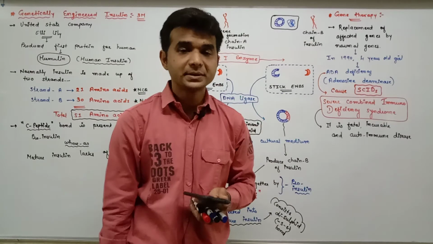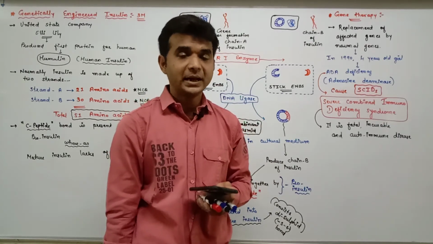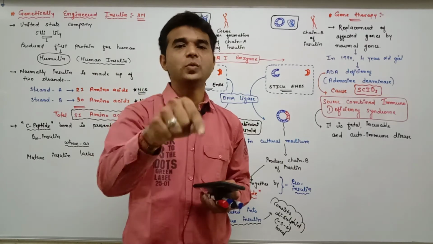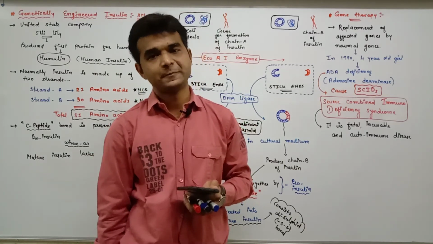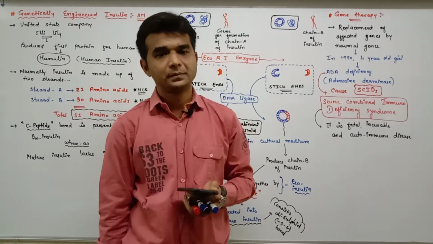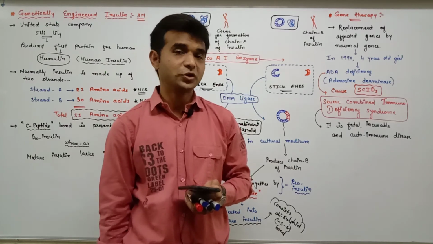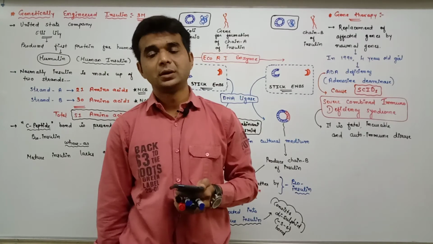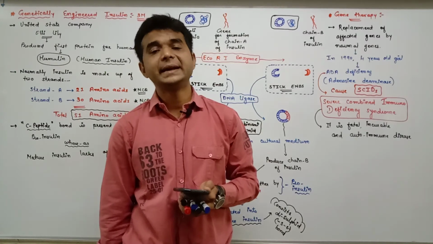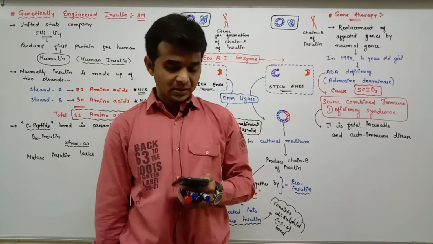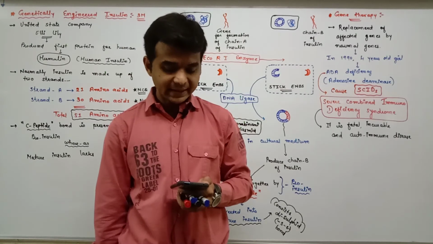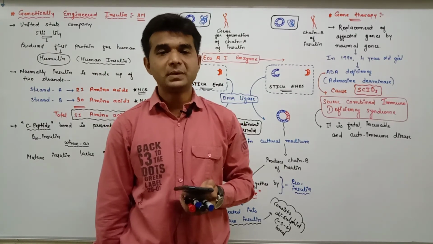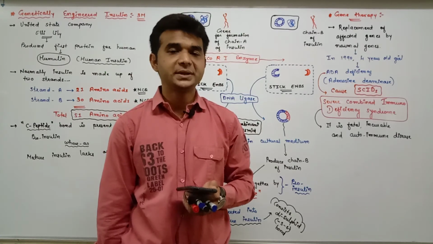Autoimmune disease means a disease in which the body's immunity attacks its own body. This is known as autoimmune disease. So that girl had SCIDS. The full form of SCIDS is severe combined immunodeficiency syndrome.